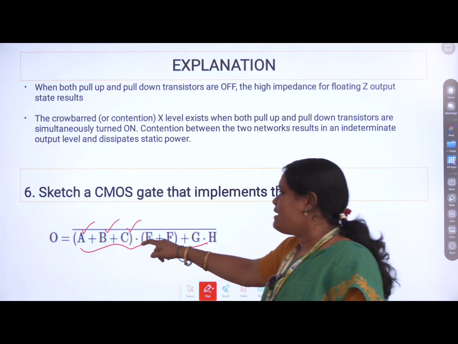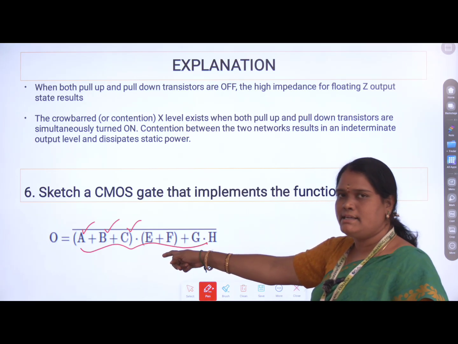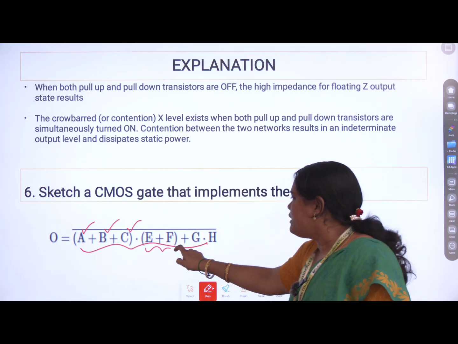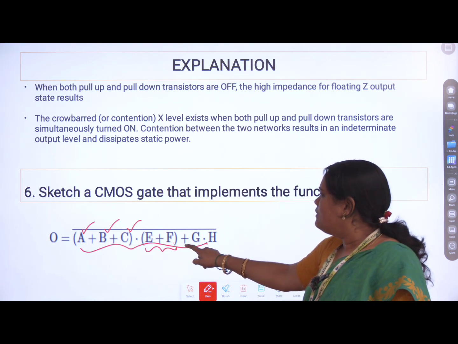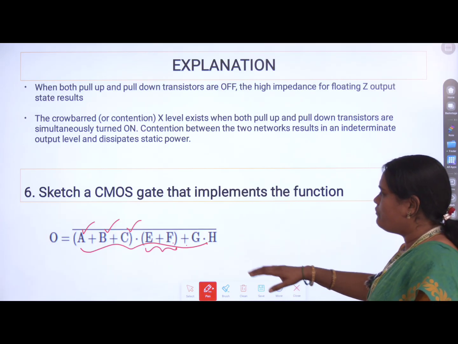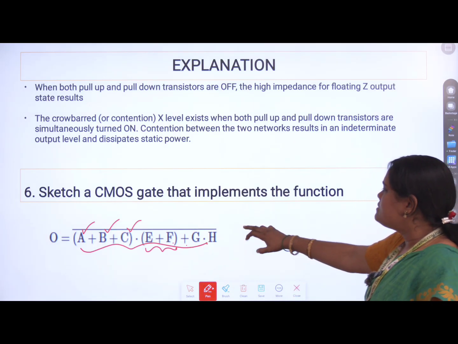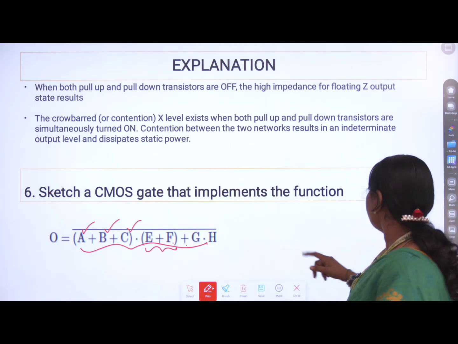Variables A, B, C are in plus operation, that is A plus B plus C, and E and F are in product with these terms, also plus G dot H. For this circuit we need 7 inputs: A, B, C, E, F, G and H.